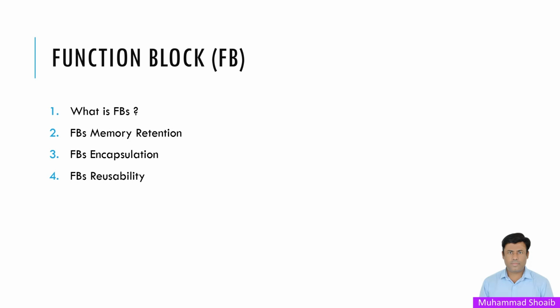Then reusability. FBs can be reused throughout your project, with each instance behaving independently using its own IDB. So when we call the motor 1 and motor 2 FBs, both FBs will work independently and their instance data blocks will also work independently.